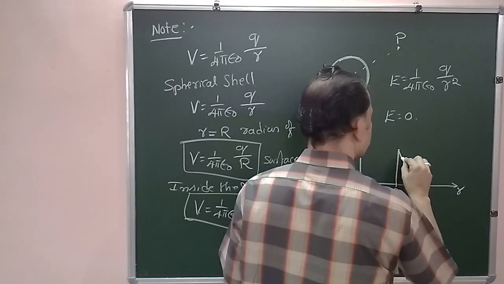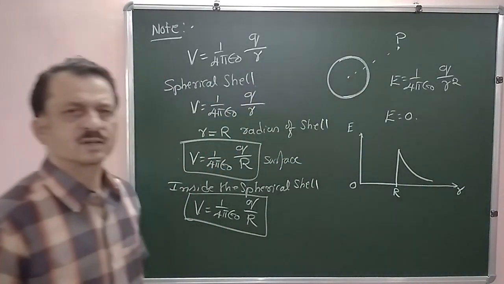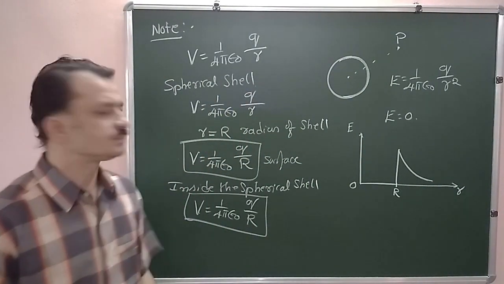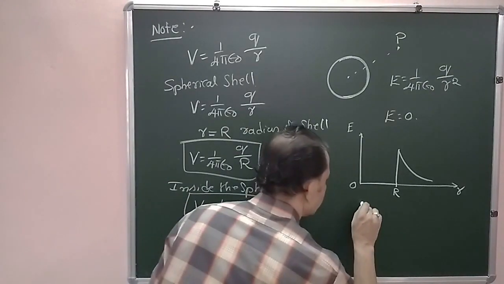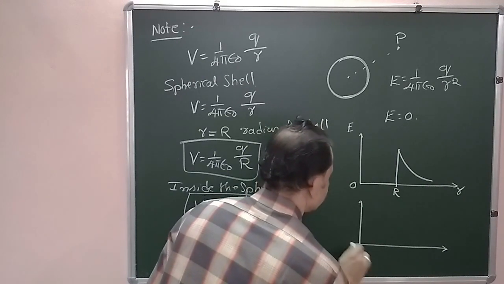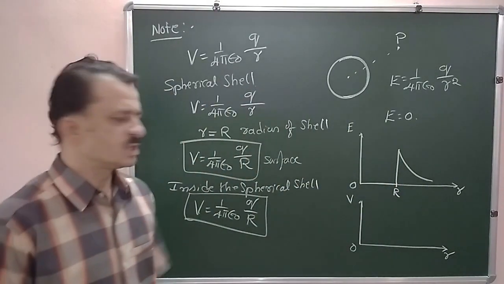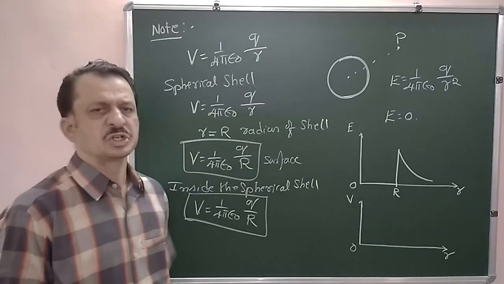Away from the spherical shell, it goes on decreasing. That is the curve. Similarly, the variation of potential with respect to the distance from the center of the spherical shell.